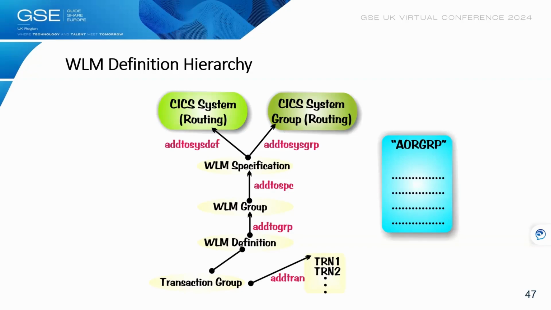The second thing to point out is if you're willing to route workload from anywhere to anywhere, then all you ever need is one workload manager specification and you're done. When would you need a group and a definition? We're going to see that is when you have exceptions to the rule. So normally I want to route any workload from anywhere to anywhere, but you know what? This one application has to run in this AOR.